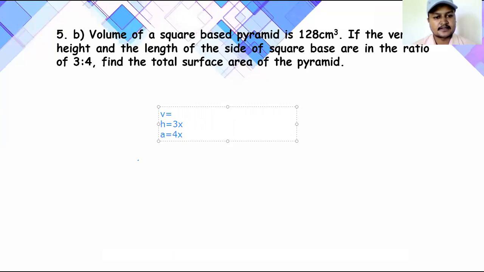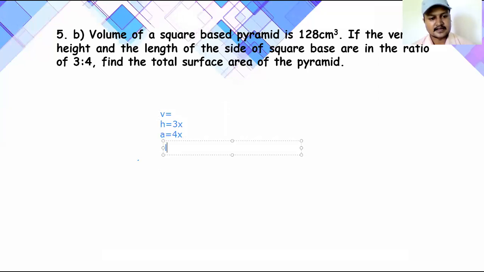If vertical height and length of base are in the ratio 3:4, as like the questions of ratio and proportion, we have to say let the vertical height be 3x and length of side be 4x. And after this, use formula of volume, get value of x, and after getting value of x, you will get value of height as well as length of base, and after that you can calculate total surface area after finding the slant height.